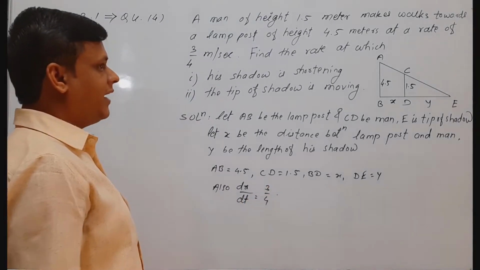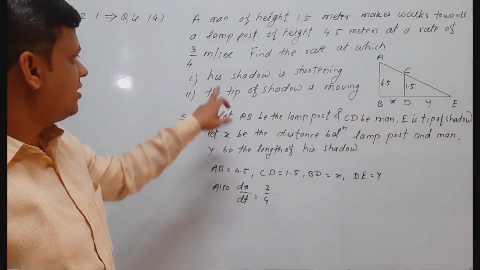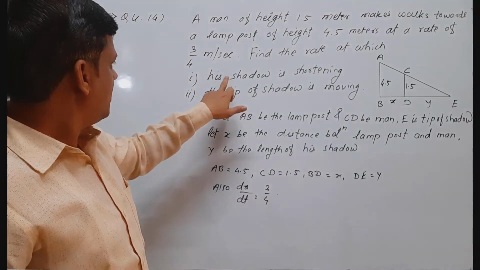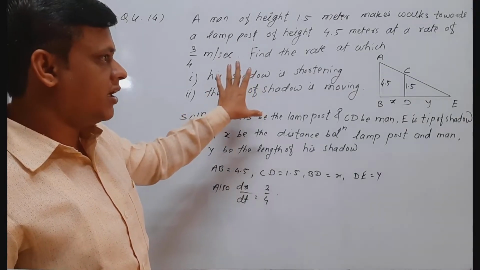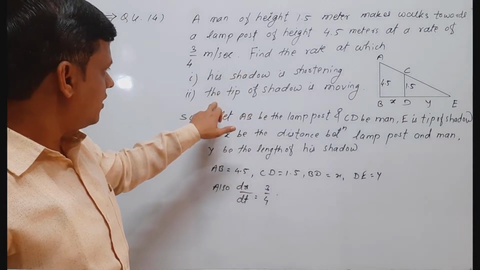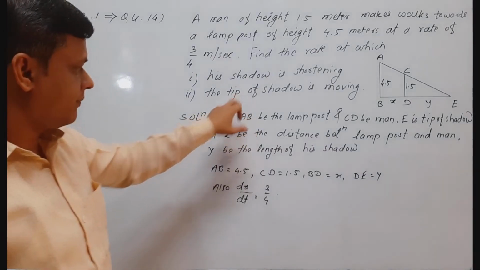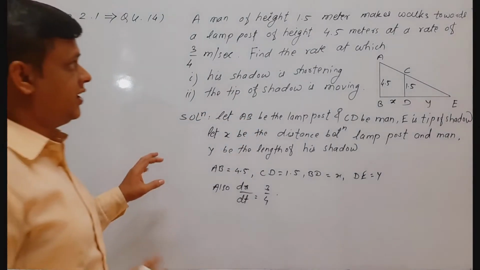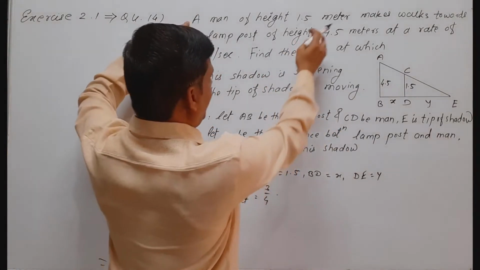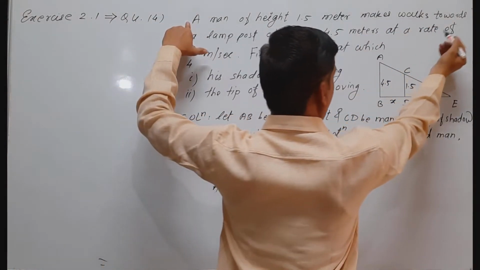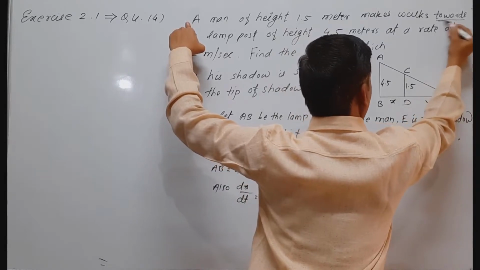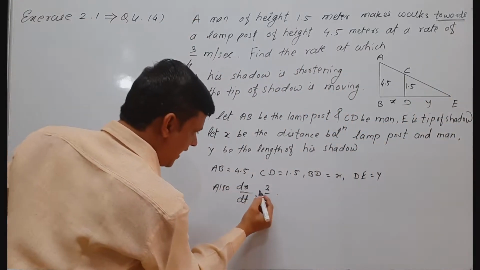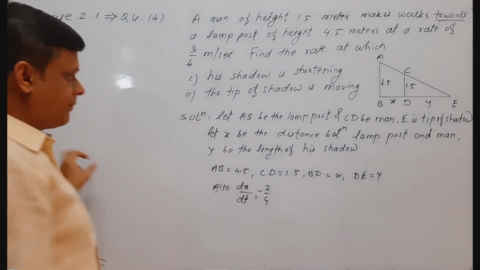Now we have to find these two conditions: the rate at which his shadow is shortening, then the rate at which the tip of the shadow is moving. So see here, a man walks towards a lamp, so we write this rate as -3/4.